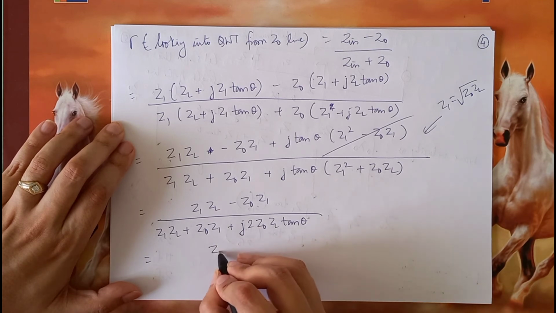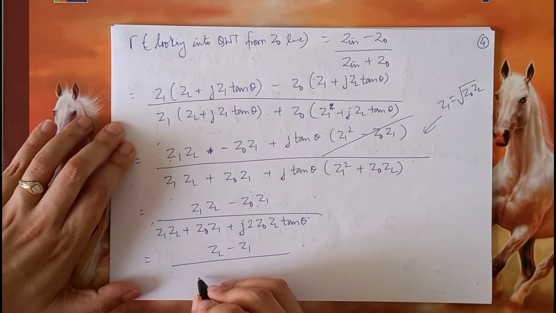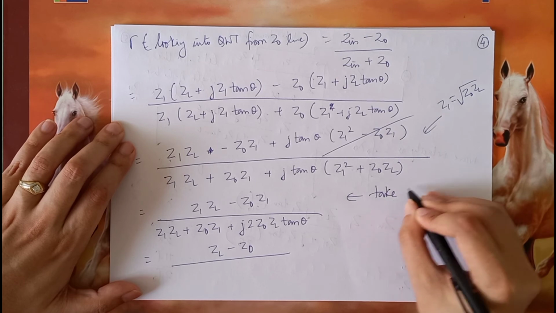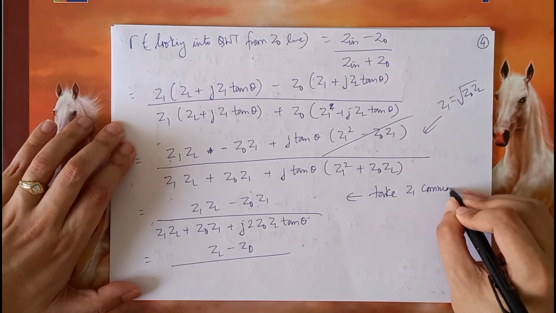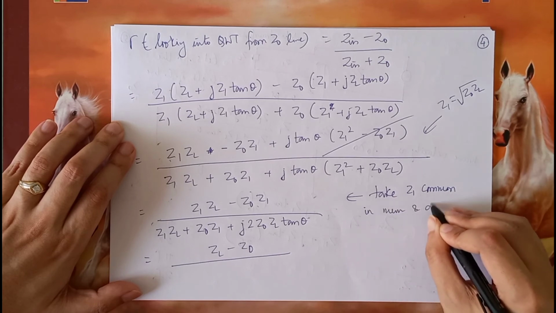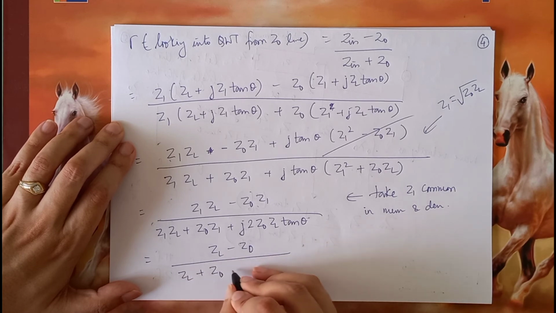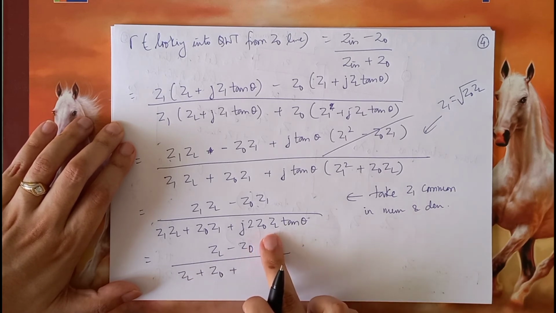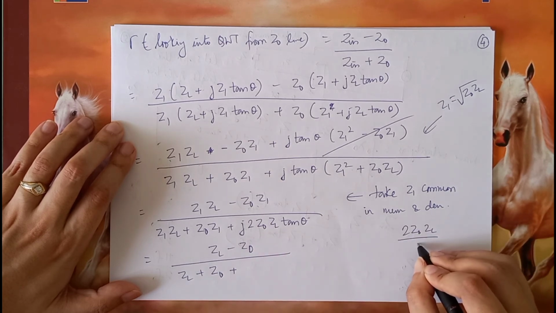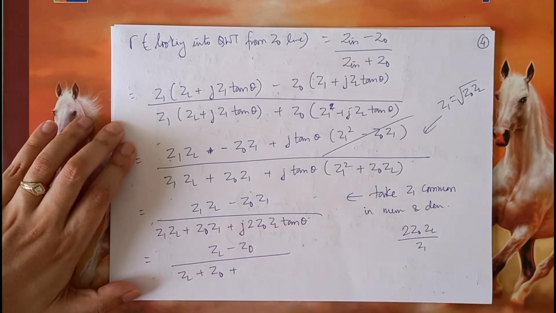What we will get is ZL minus Z0 divided by ZL plus Z0 plus, now we are going to have a term that is 2 Z0 ZL divided by Z1. Because if you take Z1 common, we have to divide this by Z1.